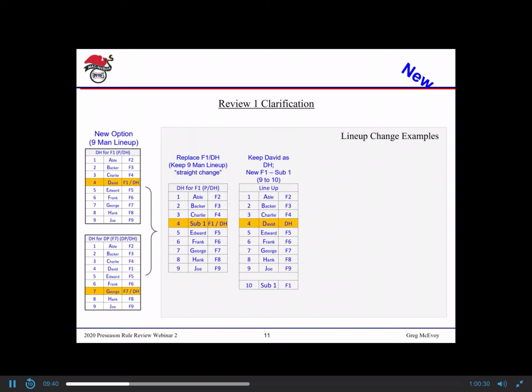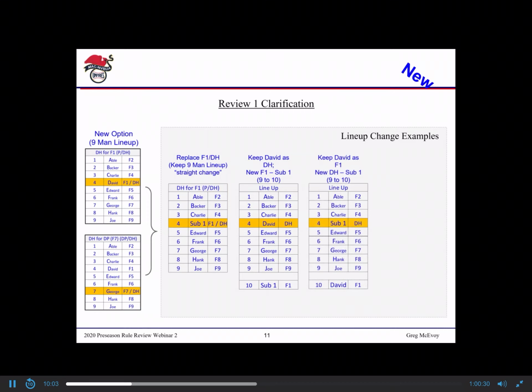We're going to keep David as the DH, but we're going to substitute a new F1. So now we're growing the lineup from 9 to 10, where we now have the DH as a standalone position, and we now have the substitute, whether it's for an F1 or a defensive player, in the lineup.